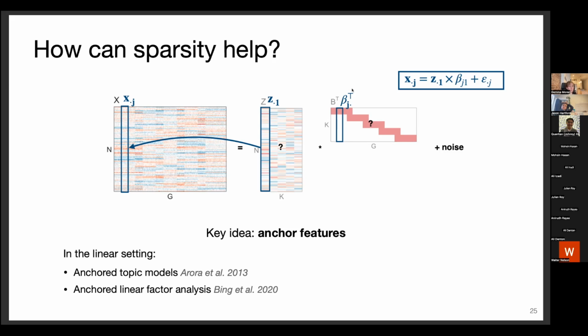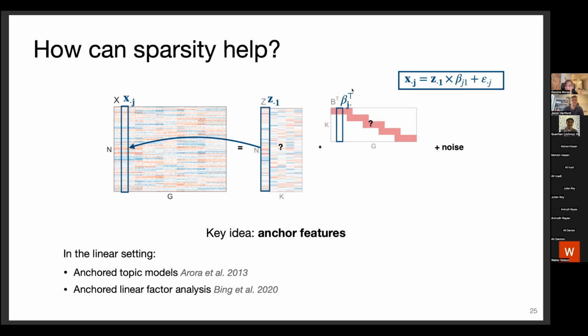So why is this helpful? In our quest of learning these latent factors, it seems like such a difficult problem: what are these latents that we don't observe from this high dimensional data? But here, this assumption means that we've got columns of our data that are essentially proxies of our latent factors.